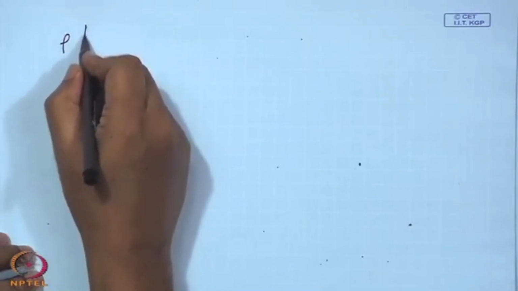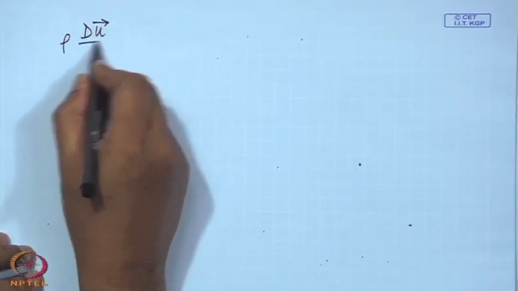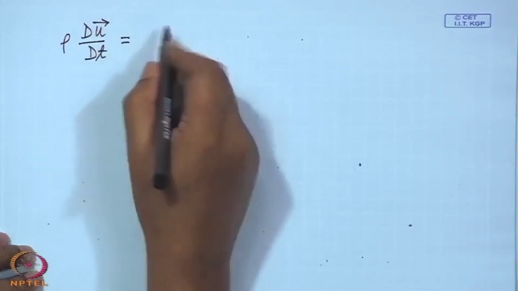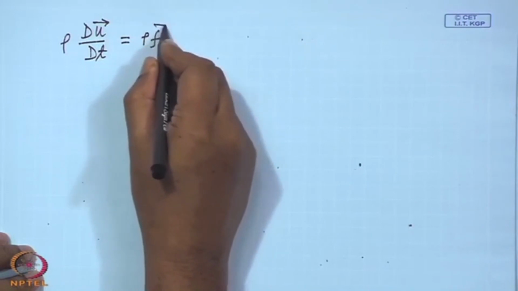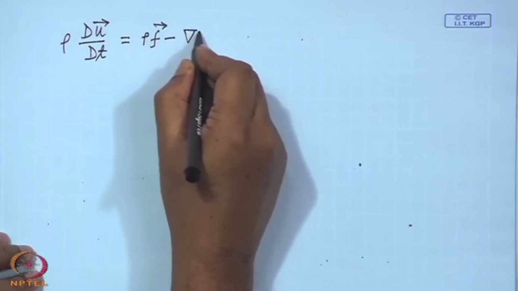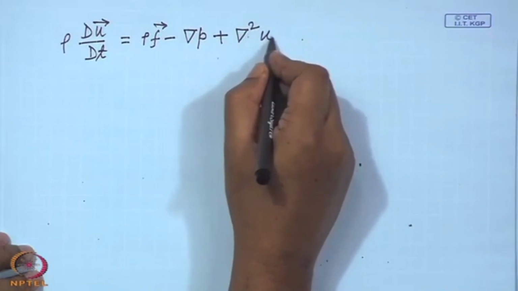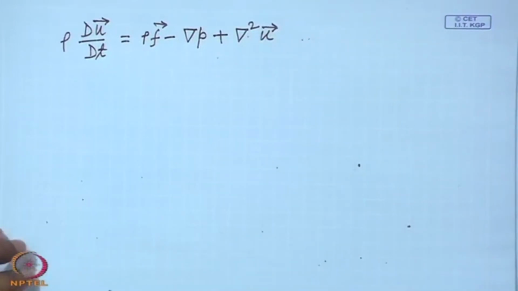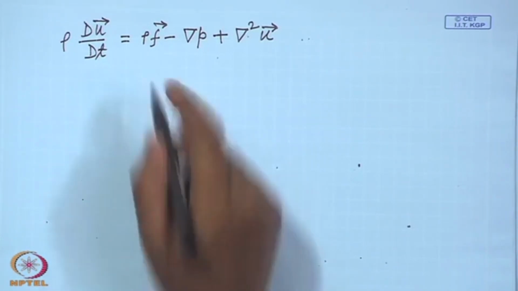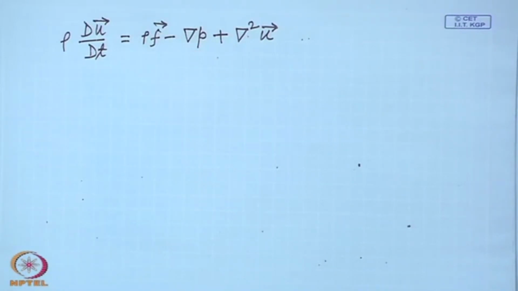In the standard vector notation, this equation you can write as rho, in the standard vector notation, and you have to remember this equation always in all forms.